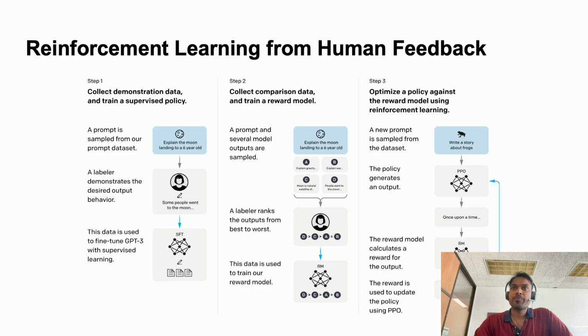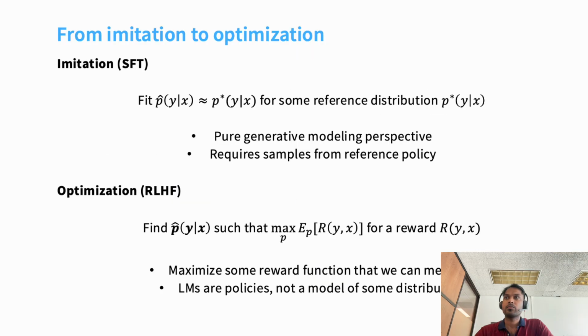Okay, so now we're going to come to the second part of the talk, which is reinforcement learning from human feedback, which is step two and step three, which we'll be looking at here. So first let's compare the supervised fine-tuning setting with the reinforcement learning from human feedback setting.